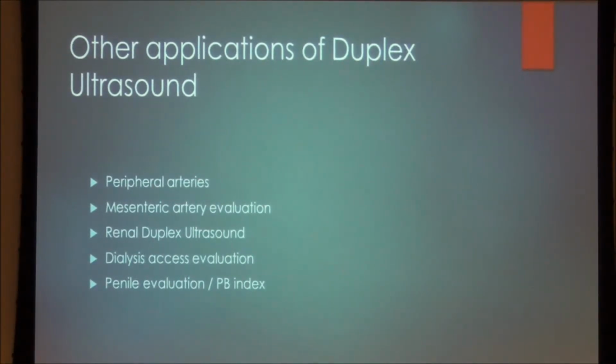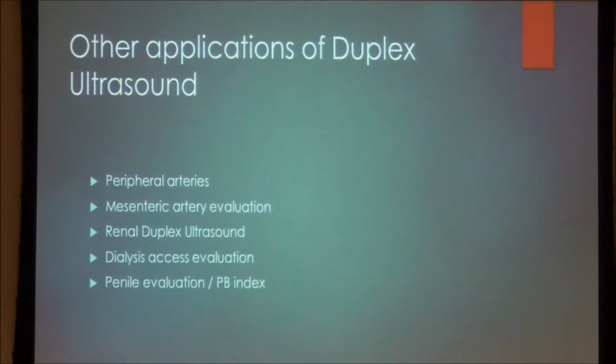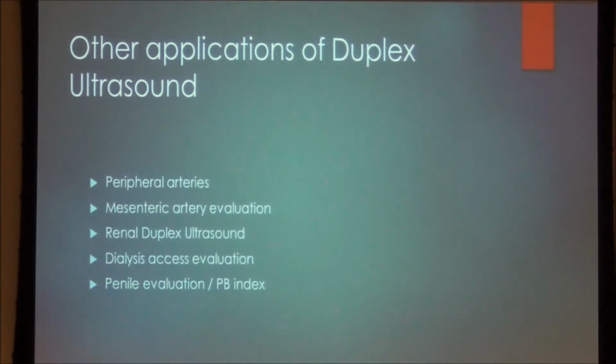Mesenteric artery stenosis is one of the clinical conditions that patients usually come with food fear, and then they can't eat, and then they lose weight. So the first test will be mesenteric artery evaluation if you have a high index of suspicion, and based on the velocity of the mesenteric artery, you will judge if there's narrowing or stenosis or not.